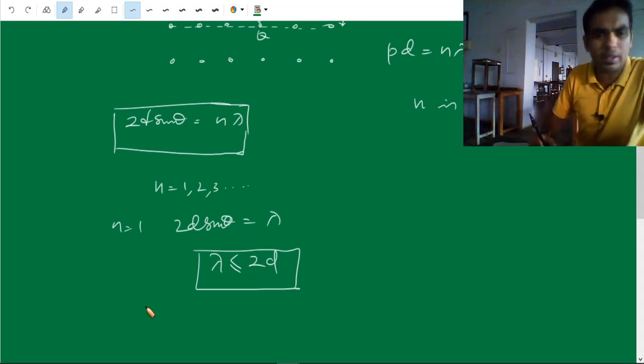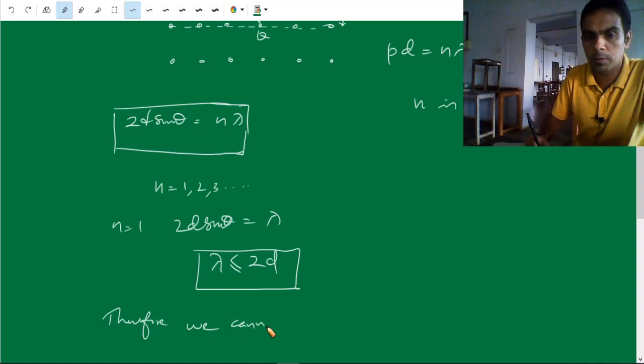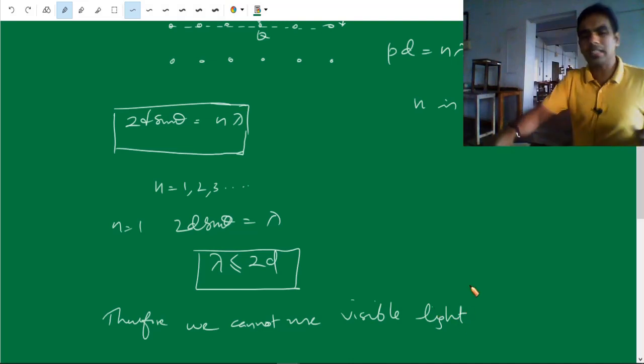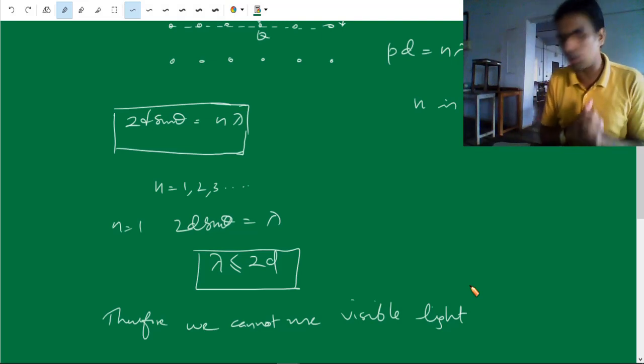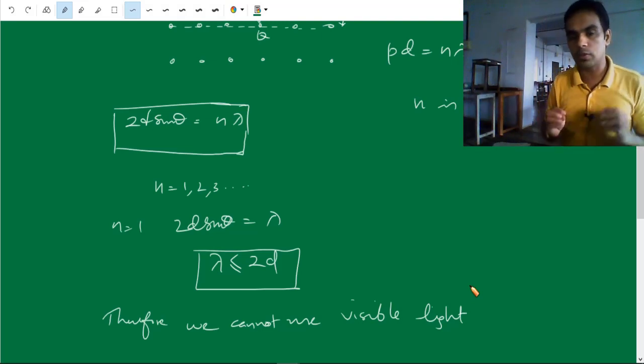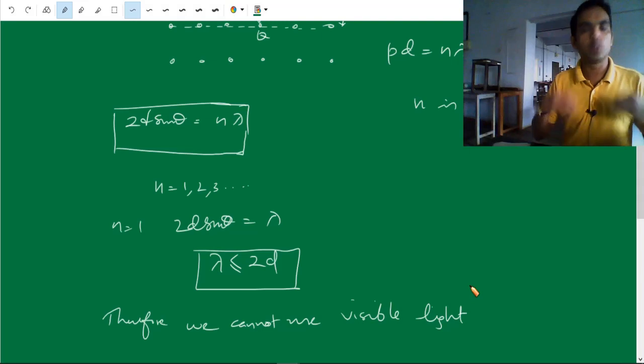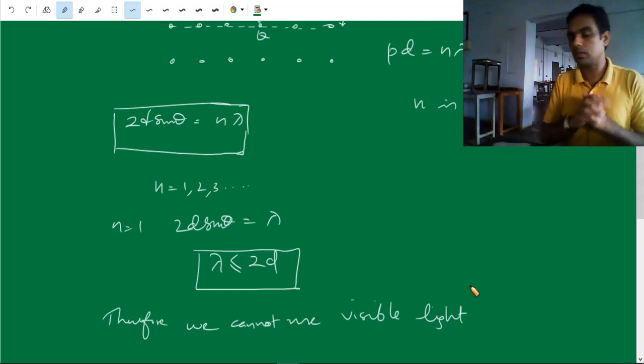So that's why we cannot use visible light. That's why X-rays are preferred. This equation can be used not only for X-rays, but also for electron scattering, neutron scattering, and other photon scattering as well.